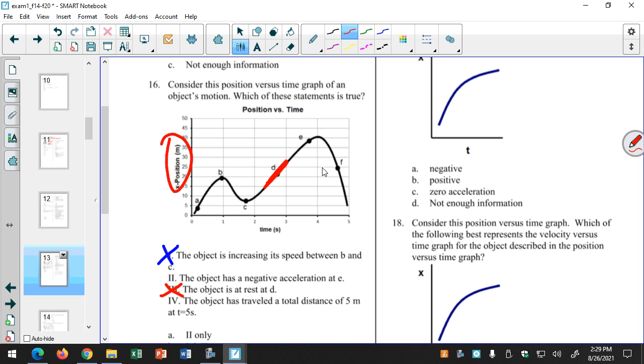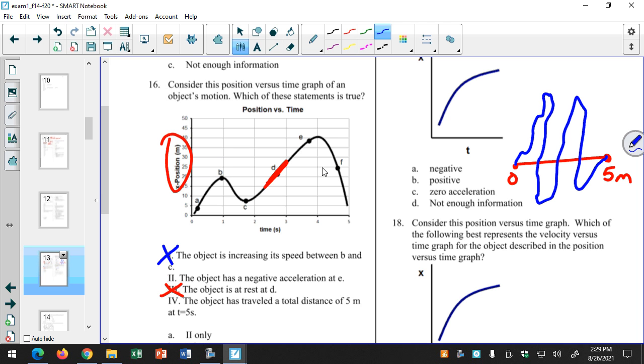Let me remind you of the dog question that we had. Remember we had the dog, you're out walking your dog, and you travel from this point to this point. Say you travel from 0 to 5 meters. That's you. But then your dog, on the other hand, runs off here after a squirrel, comes back, and then winds up at the same spot as you. You've traveled a distance and a displacement of 5 meters, correct?